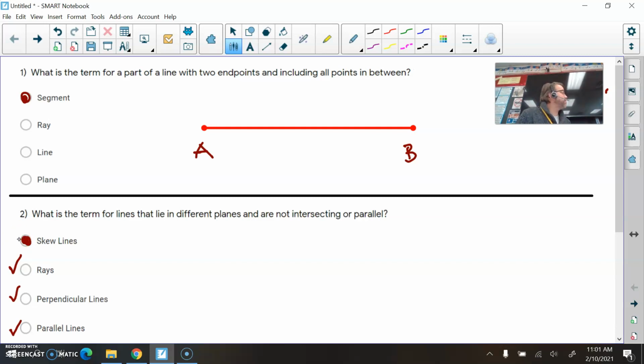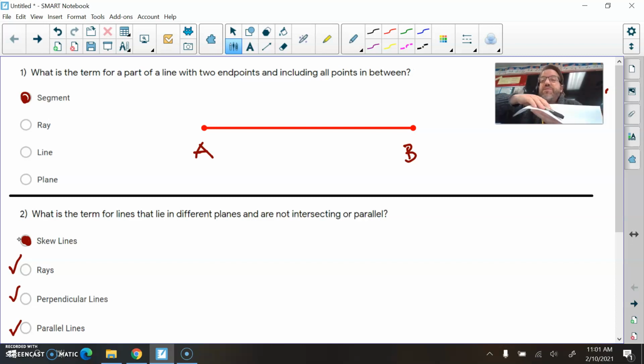I'm going to find myself a piece of paper that I'm not afraid to destroy here. And I'm going to use this piece of paper here to represent a flat surface that continues forever in all directions. Okay, think of this as being our plane. If you take a couple of lines, I'll represent it with this pen here and this pen here, and you lay them on this plane like this.